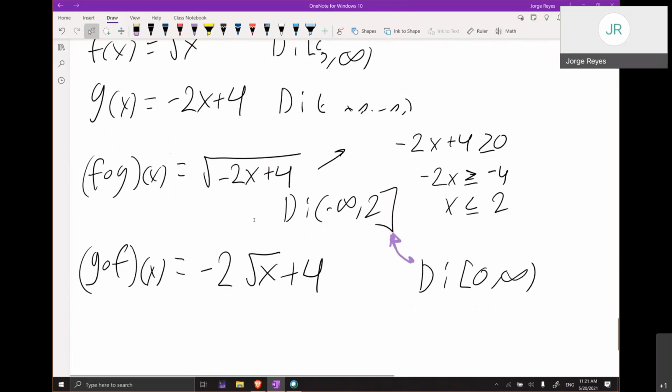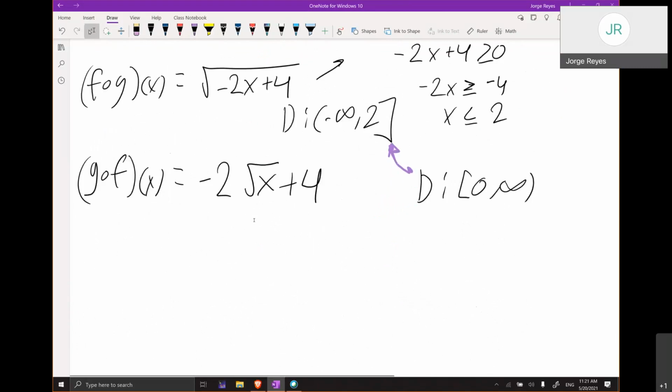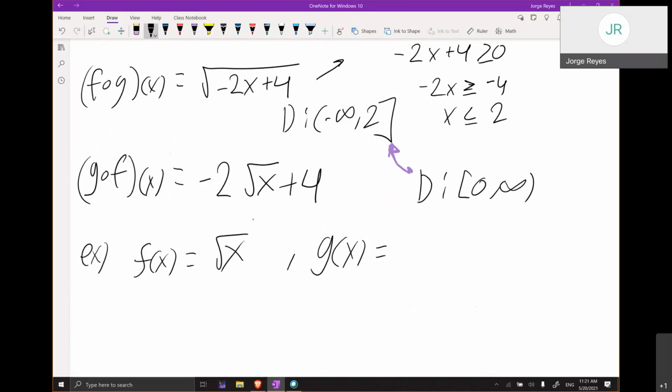All right, so here I'm going to do another example. Slightly harder, but not really. f is going to be square root of x, and g is going to be square root of 3 minus x.